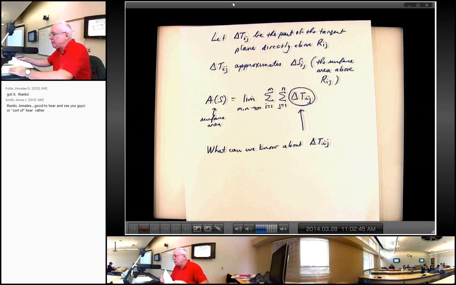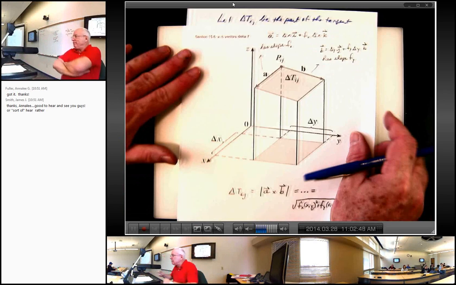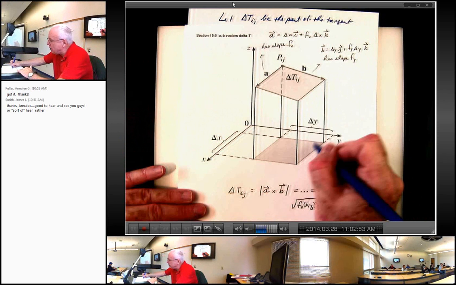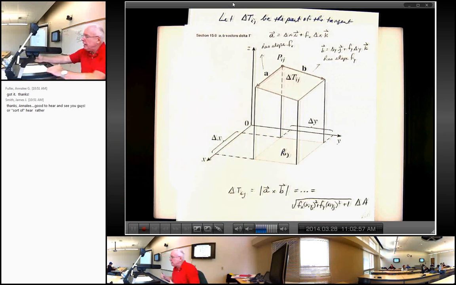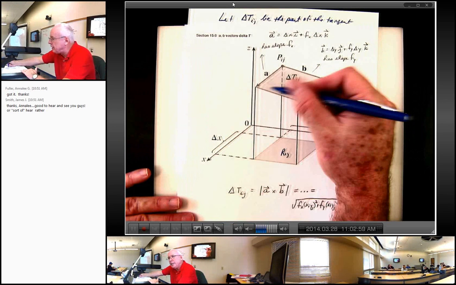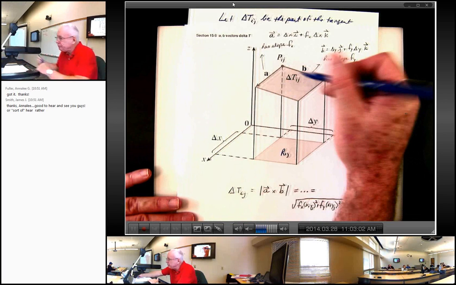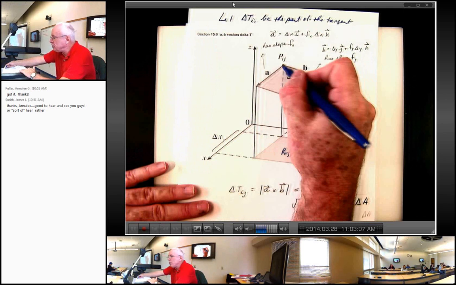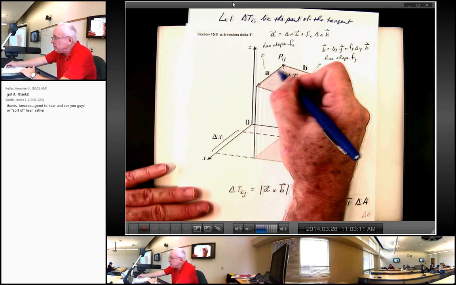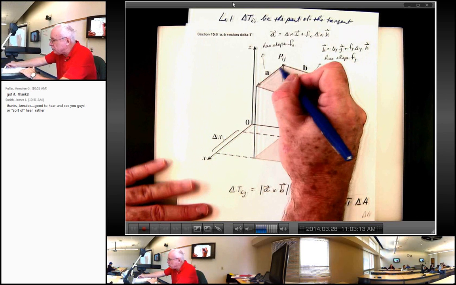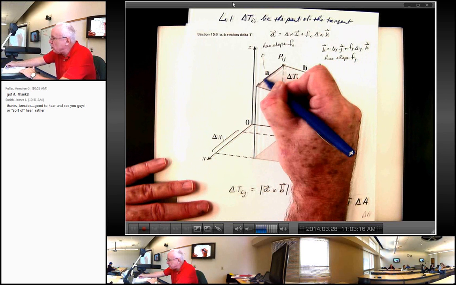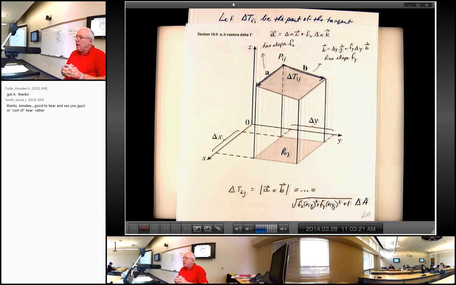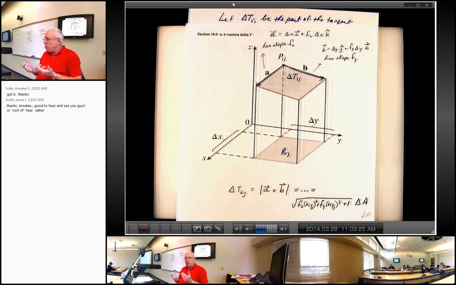Here's a little diagram that's going to help us. I think it's very clever. Here's our subrectangle right down here. Here's our Rij projected up, and here is that portion of the tangent plane directly above it. Here's our point, Pij. Basically, we have two vectors that come out from this point, which we call A and B. They're going to have components.